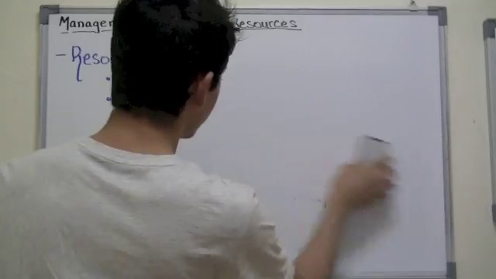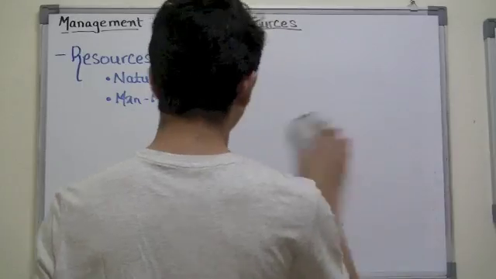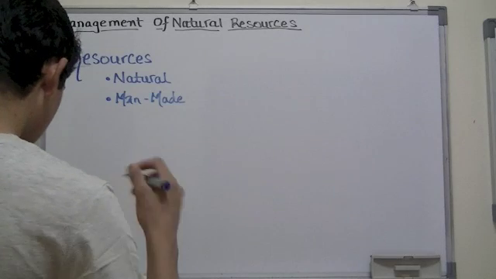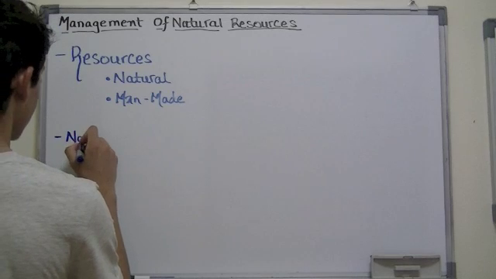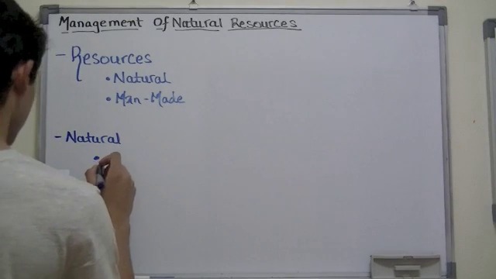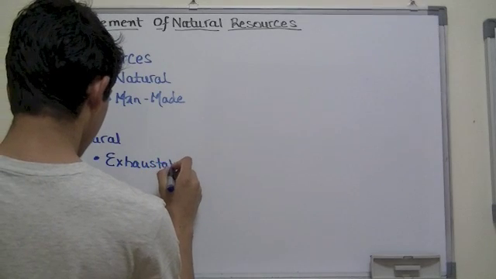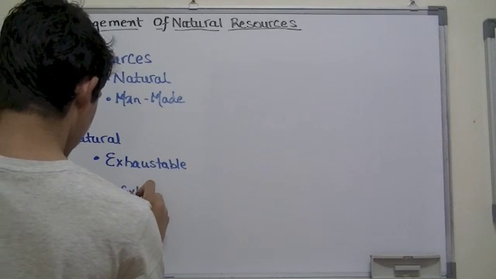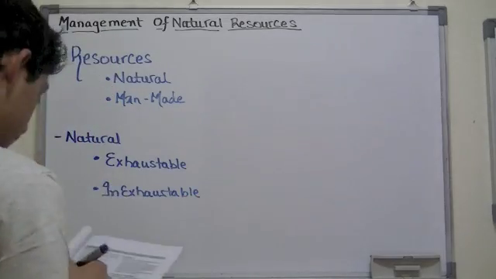Okay, so here we talked about the examples. Now we will talk about the types of natural resources, because there are two types of natural resources along this line. So in the natural resources, the first that comes is exhaustible and inexhaustible resources.